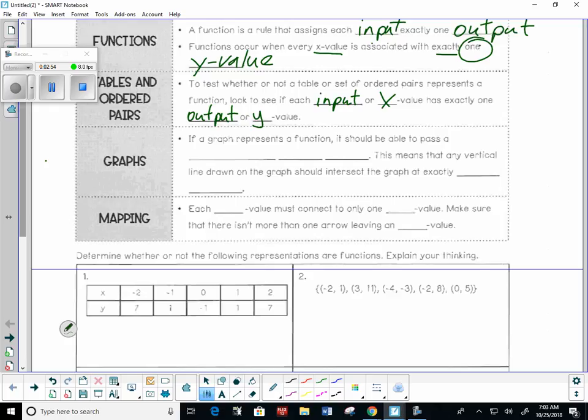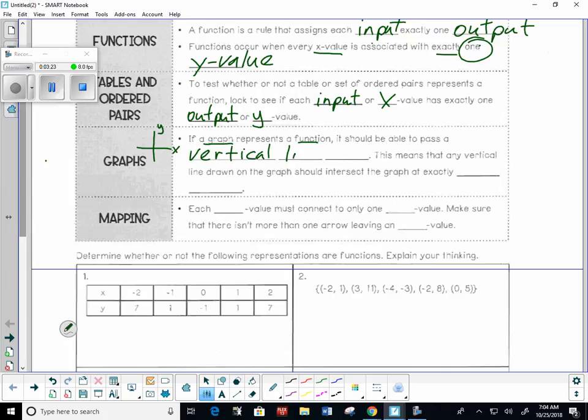So when we look at graphs, there are some rules that we look at, and these are going to be very, very important for you to answer questions with, but also to identify. So with a graph, that's when we have our x-axis and y-axis, to represent a function, it should be able to pass what we call the vertical line test.